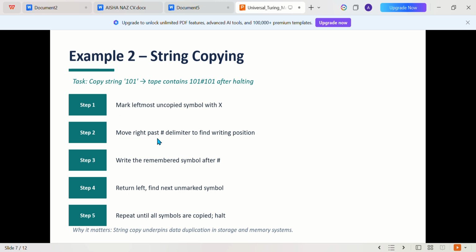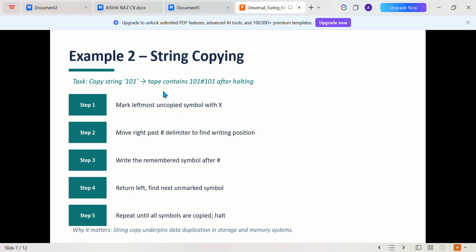Then move right past the hash delimiter to find the writing position. Now it will move right past all these symbols to find this particular delimiter, to find the position where you want to start writing your copied string. Then the leftmost uncopied symbol that you have marked with X, you need to remember that one.